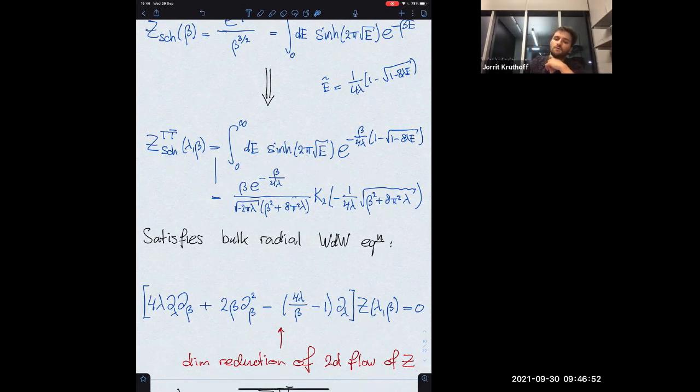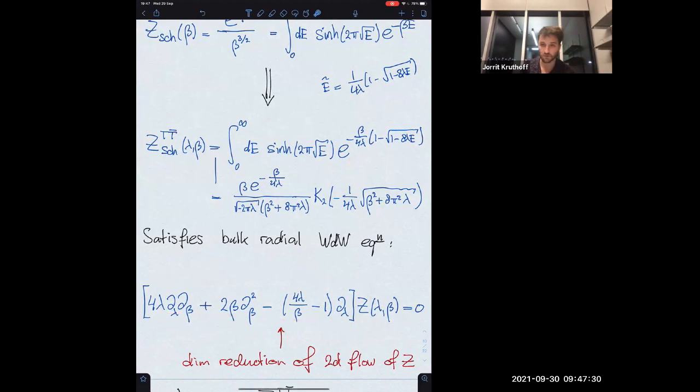In particular, because these TBar deformed partition functions satisfy, as I mentioned before, a radial Wheeler-DeWitt equation. Before, I had written it in terms of L and phi. If you go to these lengths and the value of the dilaton, they need to be renormalized in the usual way. And you go to the variables beta and lambda, this flow equation of the partition function takes this form.